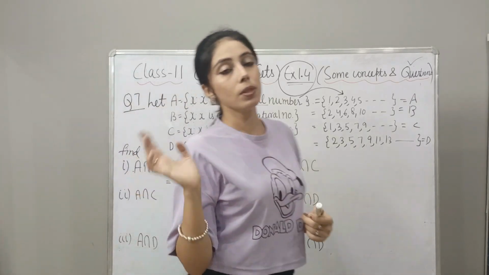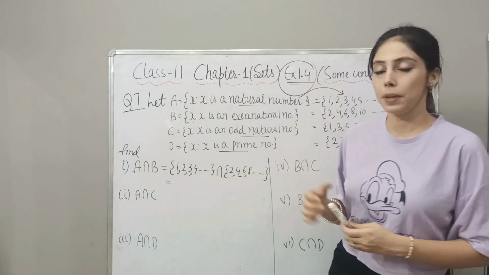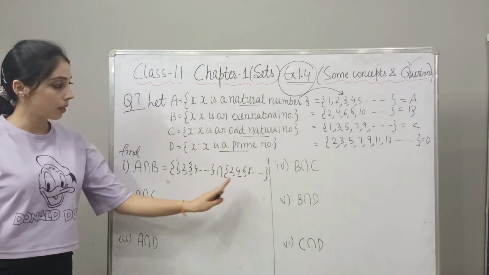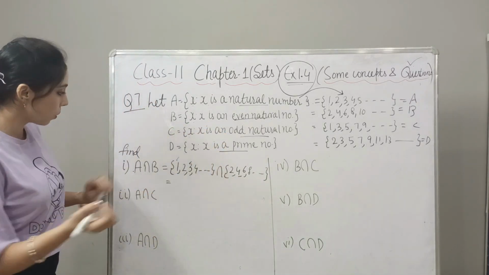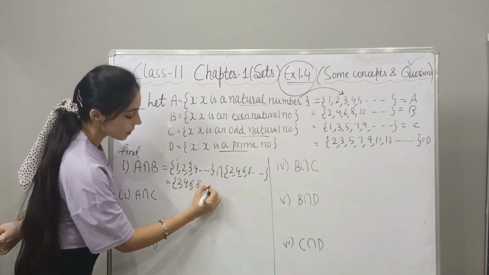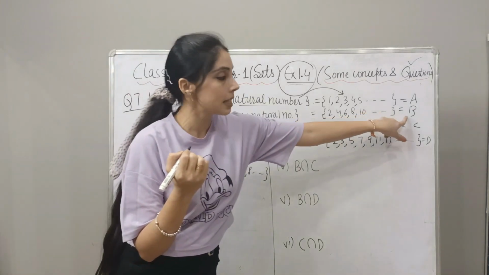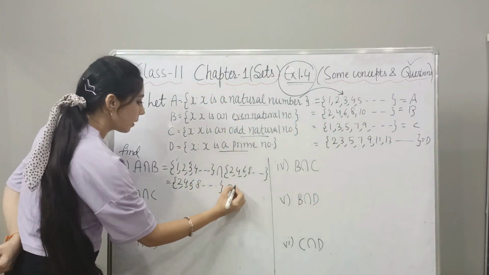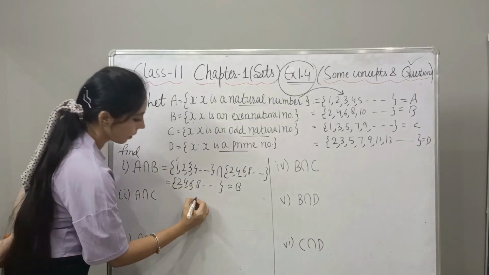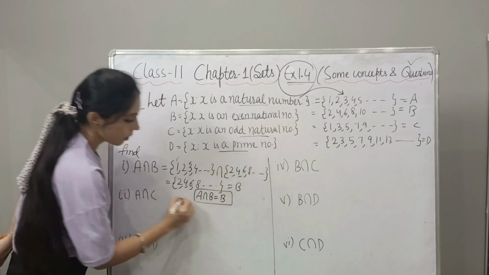Intersection means those elements which are both in A and B. So 1, 3, 5, these are odd numbers, but here we have all the even numbers. So the intersection will contain all the even numbers 2, 4, 6, 8 and so on. So what is this set? This set is set B. So A intersection B is equal to B. This is our first answer.